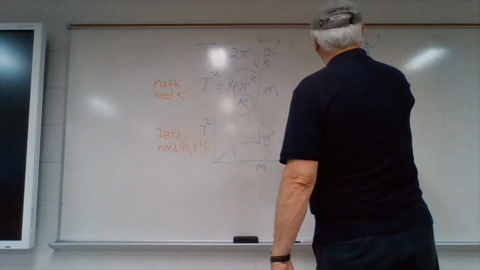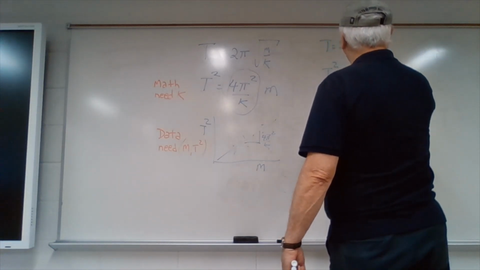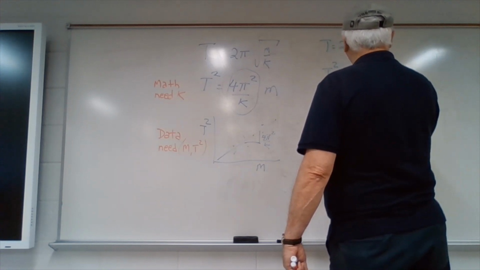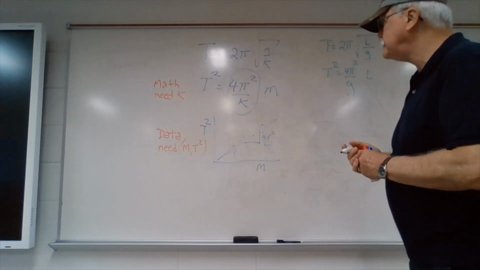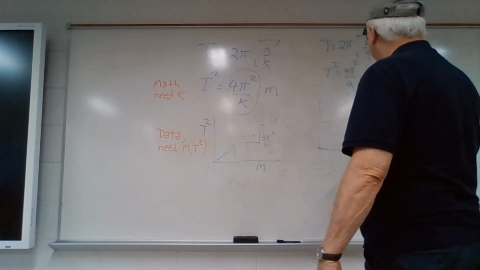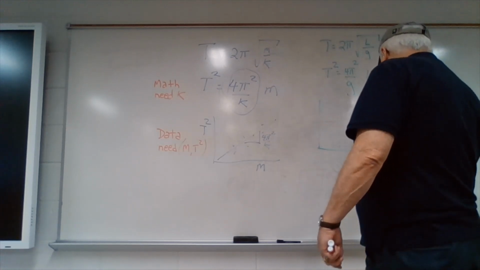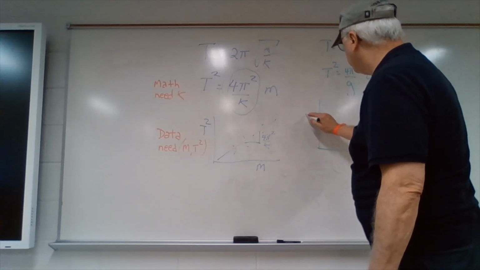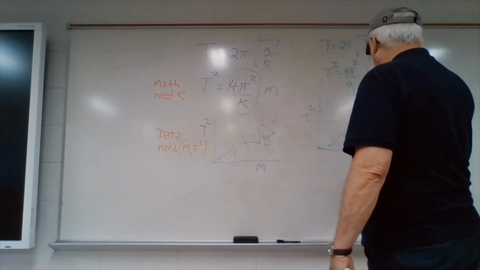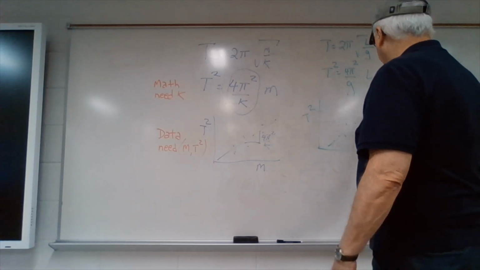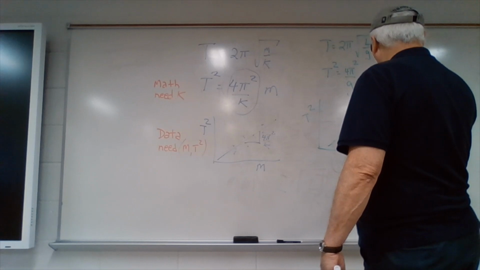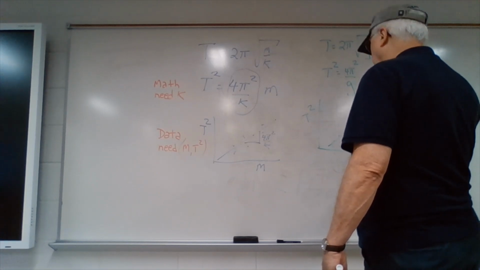And I'm going to say T squared is 4 pi squared over g times L. And we are going to plot L, just like the mass, and we're going to plot T squared right here. We're going to put on data points, and we're going to figure that out. And the slope here should be 4 pi squared over g.